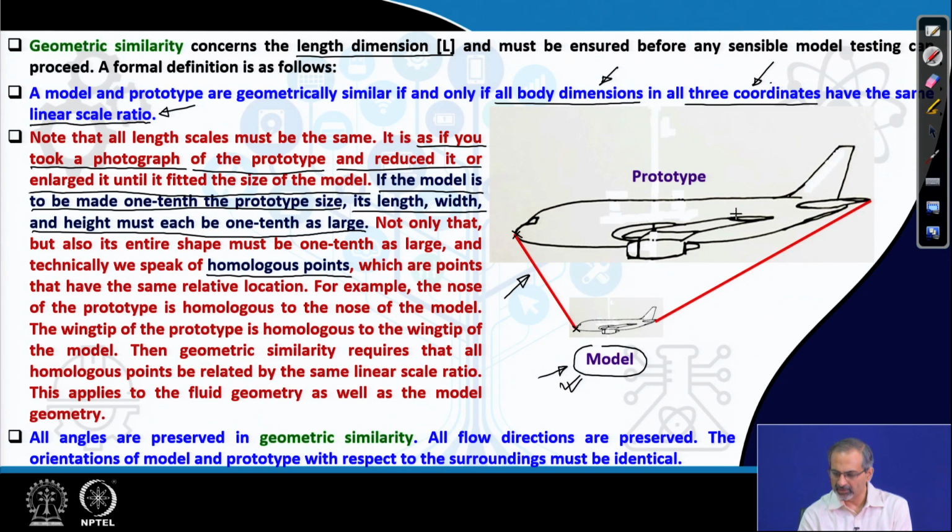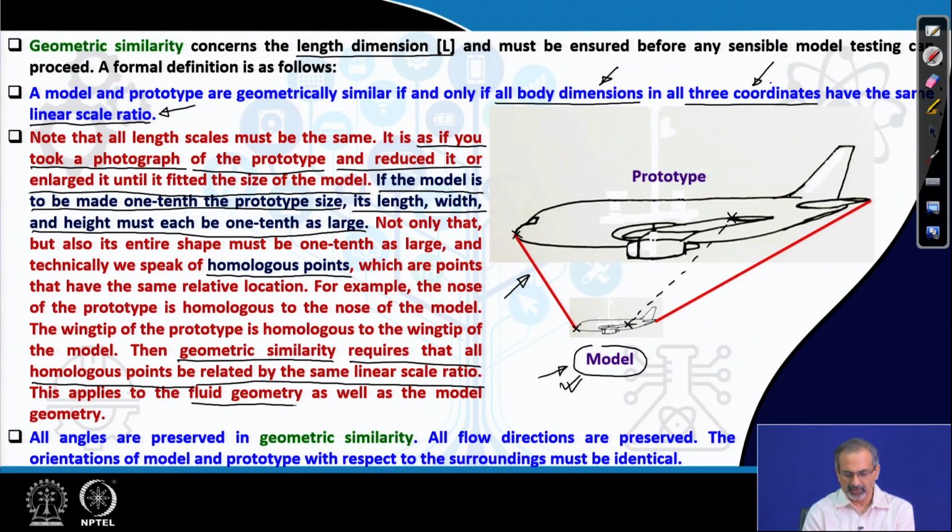A point on the left wing of the aircraft matches exactly with the corresponding point on the left wing of the model, and so on. So, these are what are called homologous points. Geometric similarity requires that all homologous points be related by the same linear scale ratio.